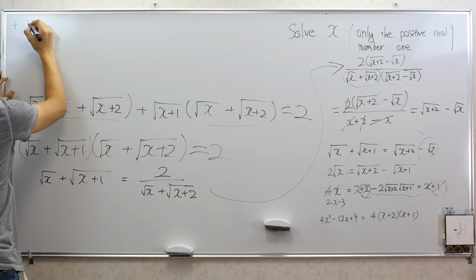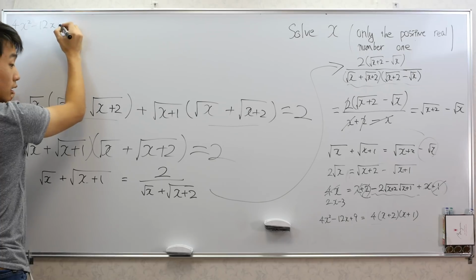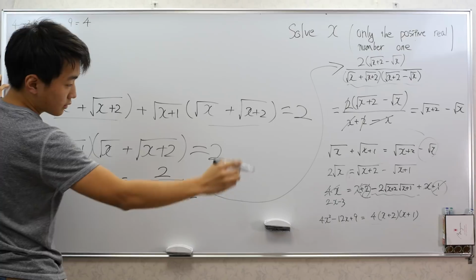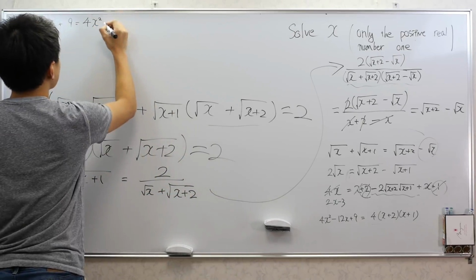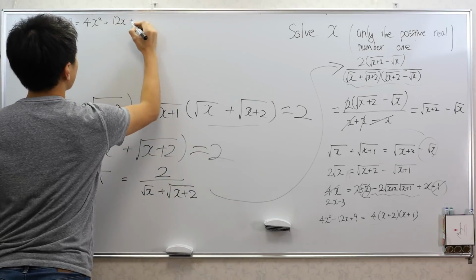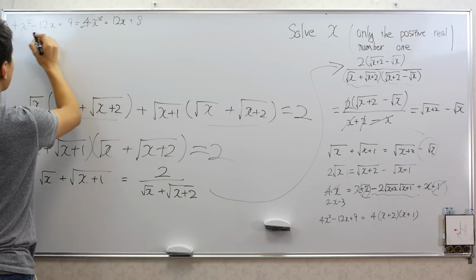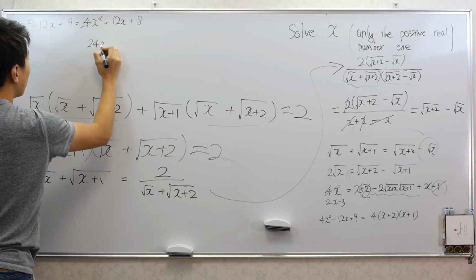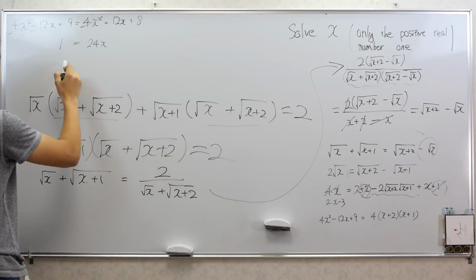Let me write the left side first: 4x squared minus 12x plus 9 equals 4x squared plus 4 times 3x, so 12x, plus 2 times 4, so 8. And thankfully this eliminates each other. You bring this to this end, so 24x equals 1.